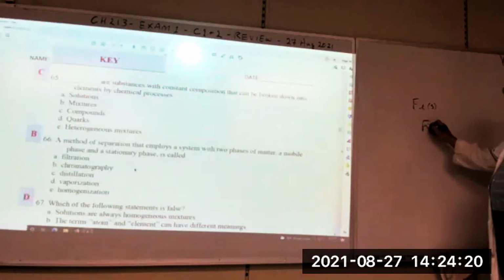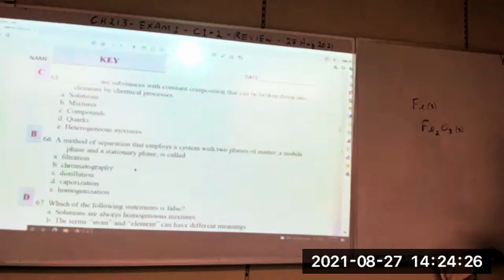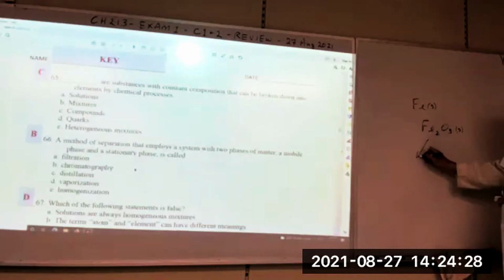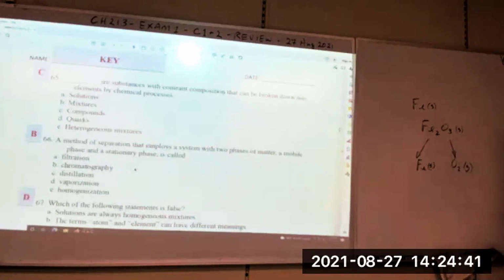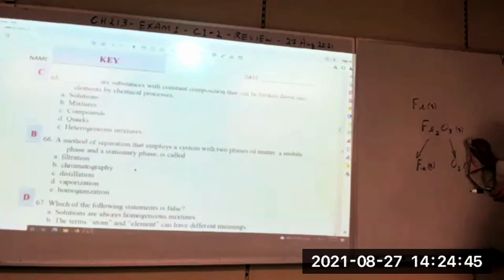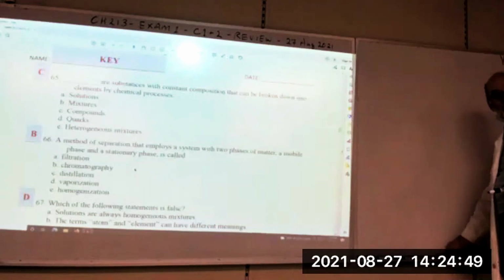So if you took rust and broke it down, you could get iron and oxygen, probably like this. Gas. That requires chemical process, chemical change. That means the starting point was a compound.